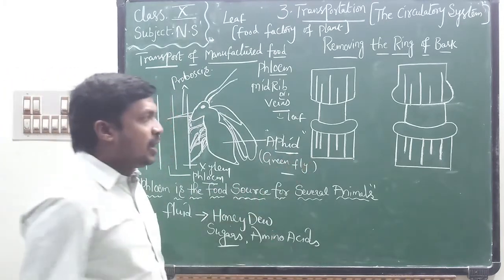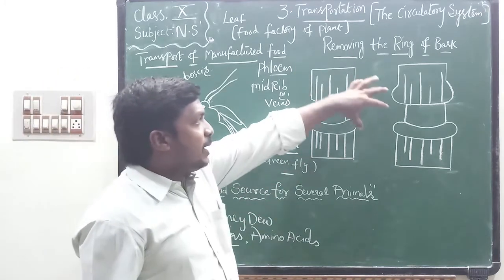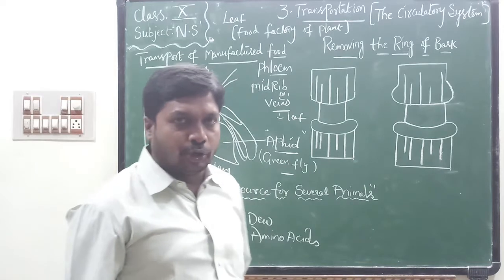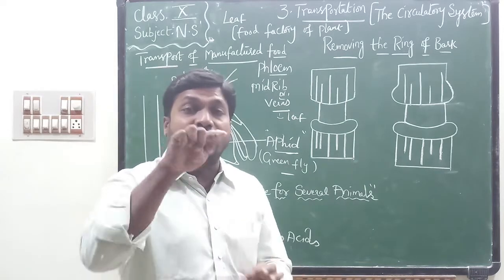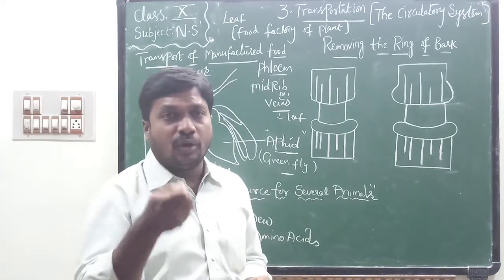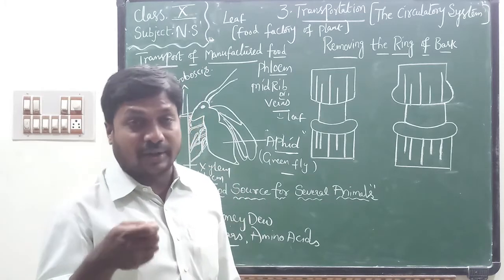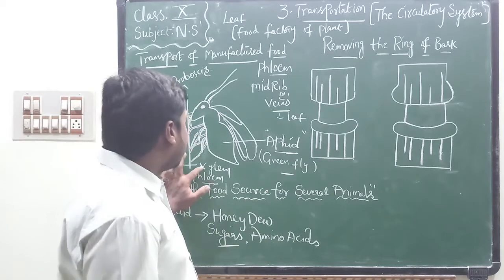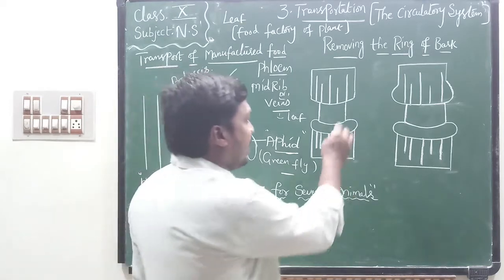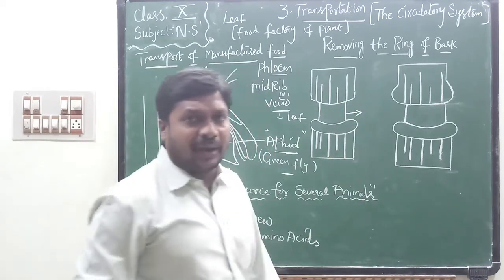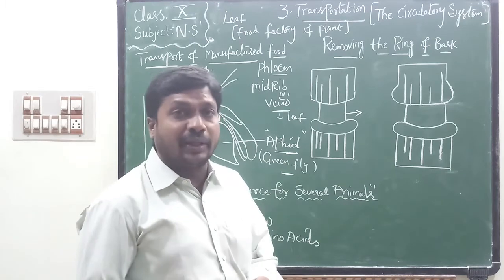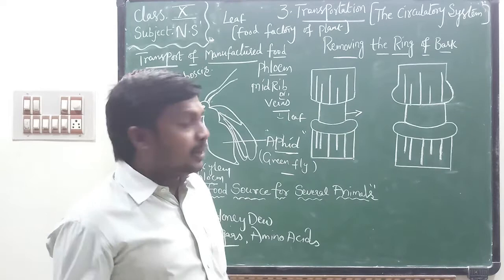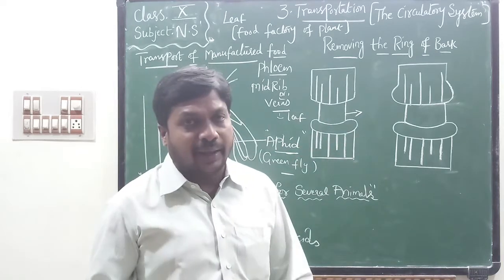Here, if you observe this, it helps in removing the ring of bark. Do you know, children? If you remove the ring of bark with the help of a knife or sickle, the xylem and phloem tissues will be removed.